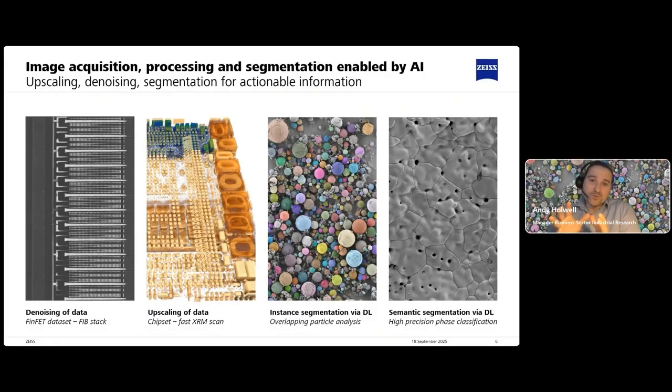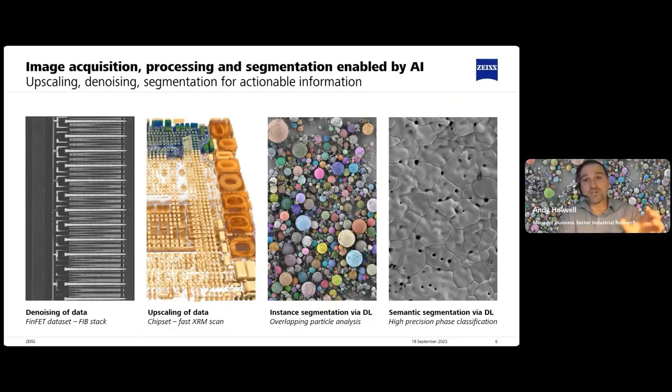And then we talk about segmentation. Segmentation is the extraction of actionable information from an image. Here we have a polymer image, and we've already used AI to pick out the individual particles of that polymer. Now that's really tricky in an electron micrograph, because you're looking literally at shades of grey.